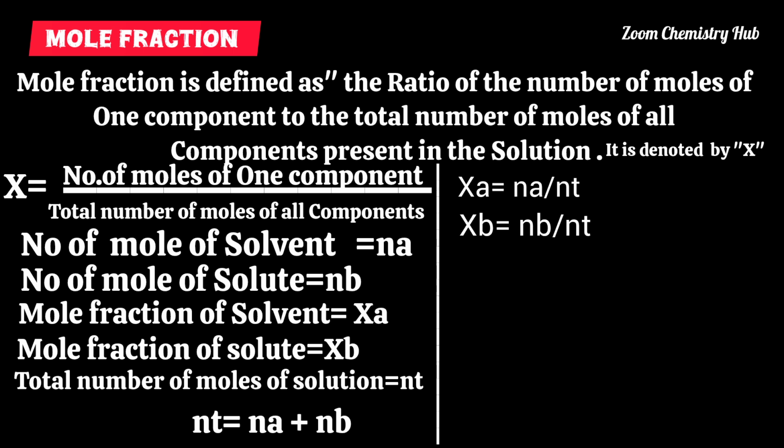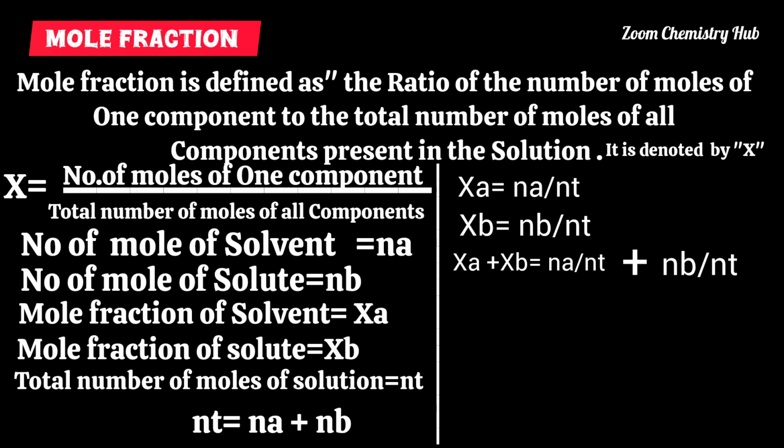Now the sum of the mole fractions of all the components of a solution is always equal to 1. How? We know that Xa plus Xb is equal to Na divided by Nt plus Nb divided by Nt.